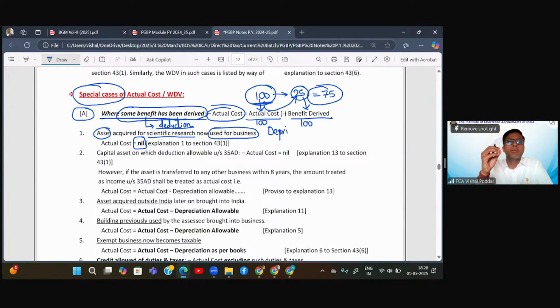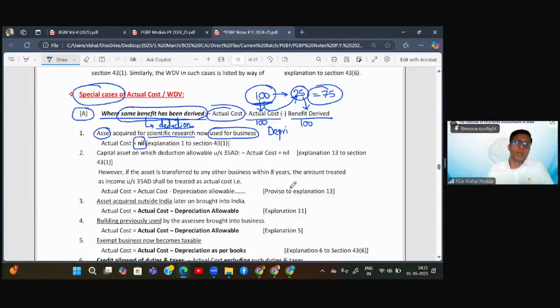So when you have already claimed deduction of the entire cost in some other section, how can I allow you deduction for the same thing in depreciation? I can allow you deduction only at one place. You claim the entire 100 rupees as deduction under section 35, so I cannot give you a deduction here. As per this logic, the cost to be taken will be nil.